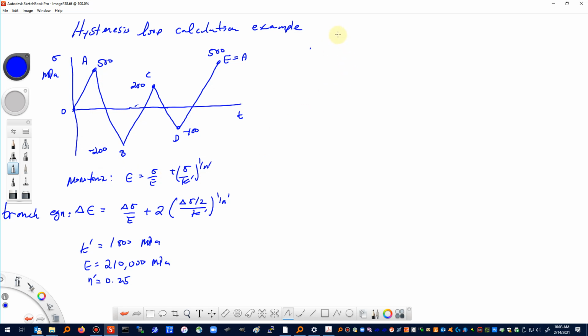So the epsilon at point A is going to end up being 500 over, I'll put the numbers in once, but I'll just use the symbols next time, 210,000 plus 500 over 1800, both of these units are megapascals, to the 1 over 0.25.